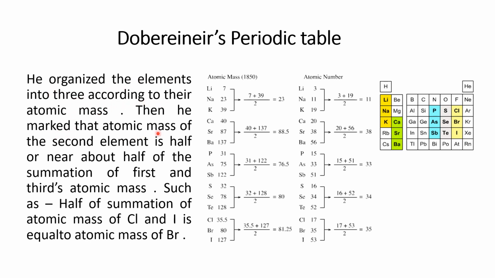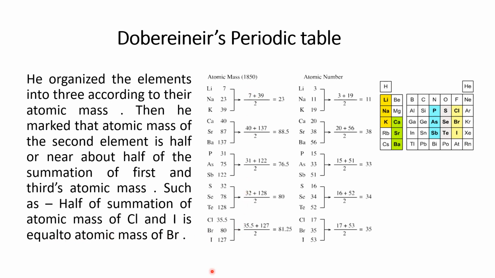Then he noticed that the atomic mass of the second element is half or near about half of the summation of the first and third atomic masses. For example, half of the summation of the atomic masses of chlorine and iodine is equal to the atomic mass of bromine.